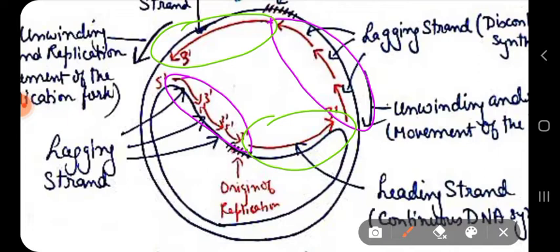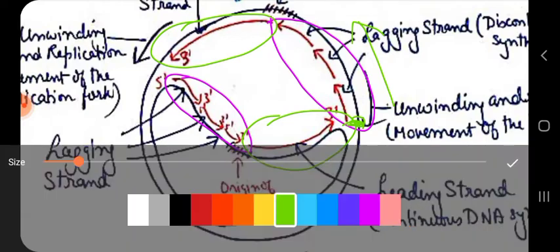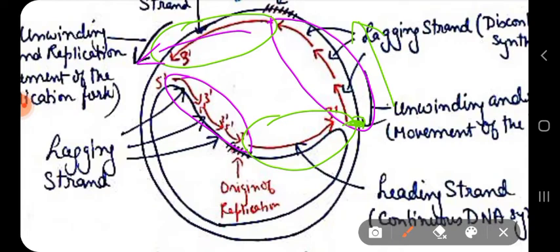The lagging strand is moving away from the replication fork. If this is the replication fork, the lagging strand is moving away from the replication fork, while the leading strand is moving towards the replication fork in this direction.